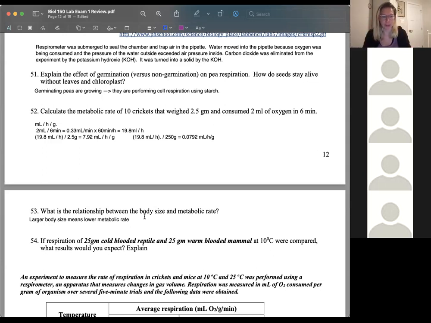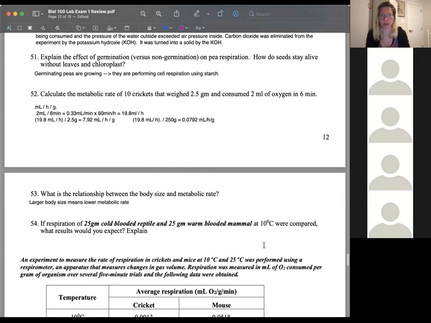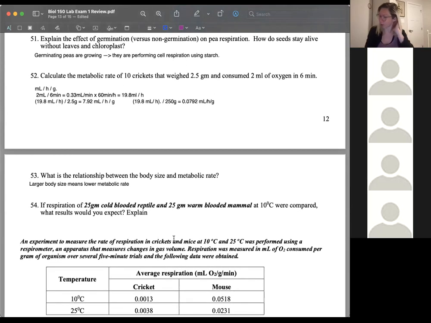All right, so let's go on to, if we were comparing a cold-blooded reptile with a warm-blooded mammal at 10 degrees Celsius, what would you expect in these results? How would their metabolic rates compare?